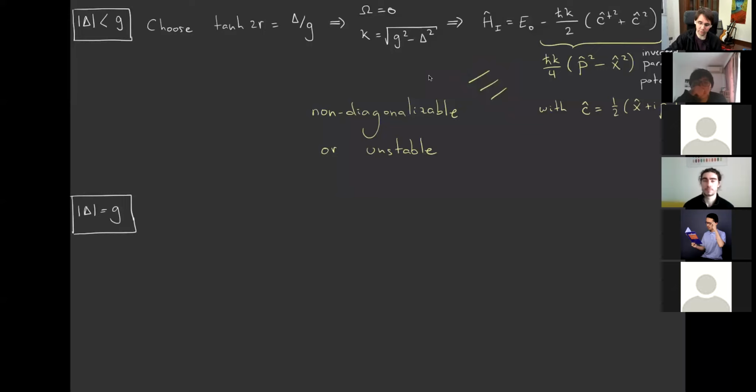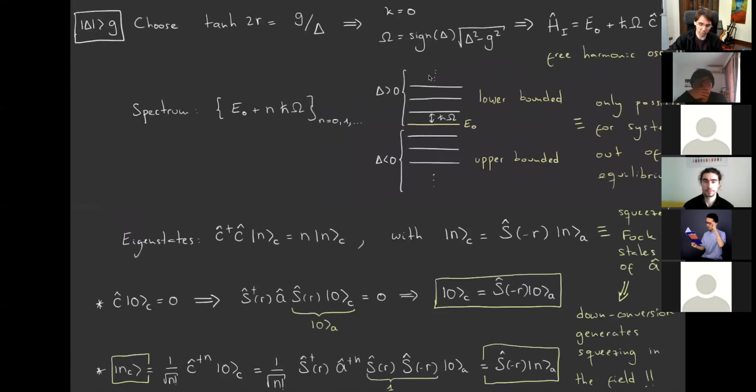So the first thing that you can see is that, well, if delta is equal to G, then either from this expression here that you see that this is equal to 1, or from the previous one is the same, so this is equal to 1 as well. Then if the hyperbolic tangent is equal to 1, this means that R goes to infinity.